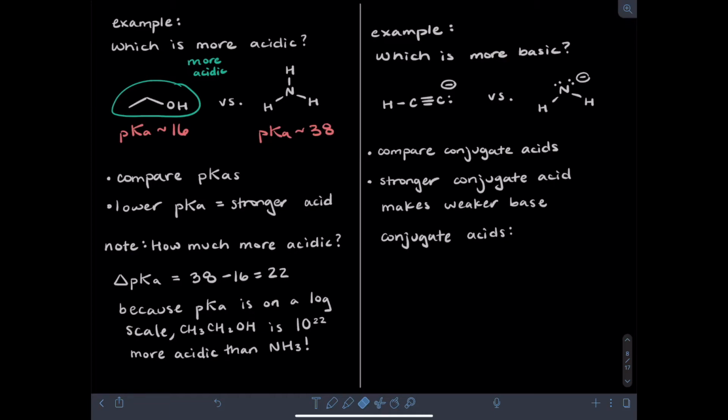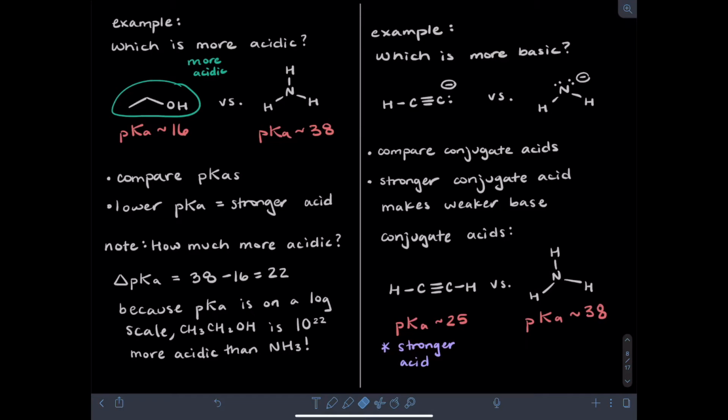So, what do our conjugate acids look like? The conjugate acid of my carbon anion is this alkyne, and the conjugate acid of NH2- had a proton added, making it NH3. The pKa of the CH bond of my alkyne is 25, whereas the pKa of NH3 is 38.